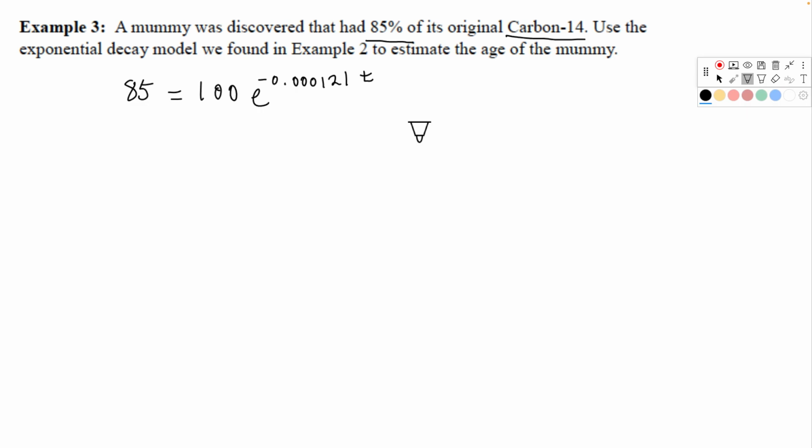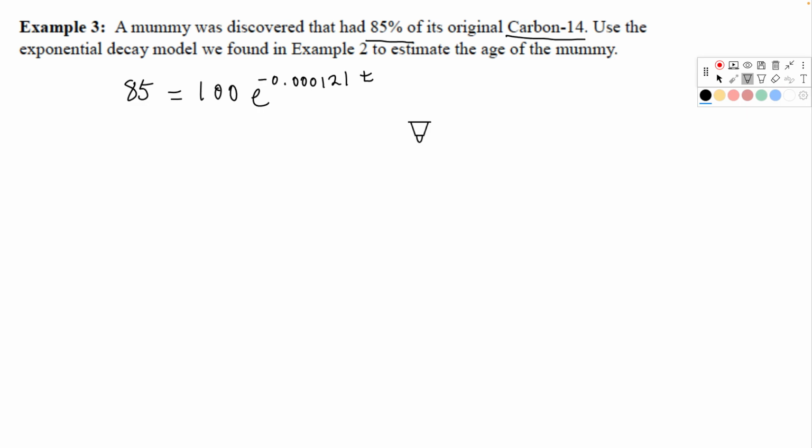Mummies. Anyone got a guess how old the mummy is? 3,600 years. Well, if it was 5,760 years, how much of its carbon-14 would be left? Half of it. So it's younger than that. It's not 5,000, it's younger than 5,000.